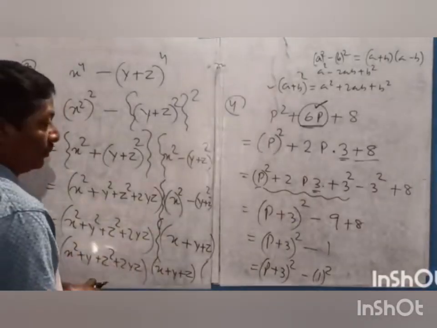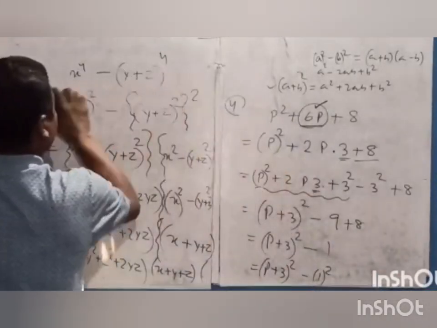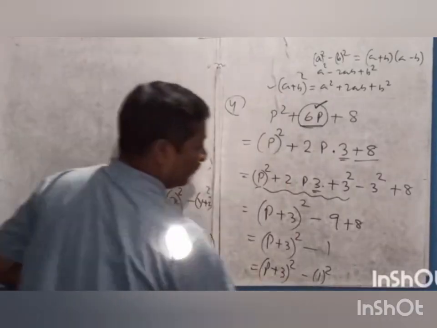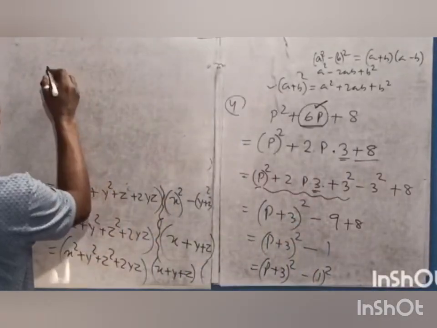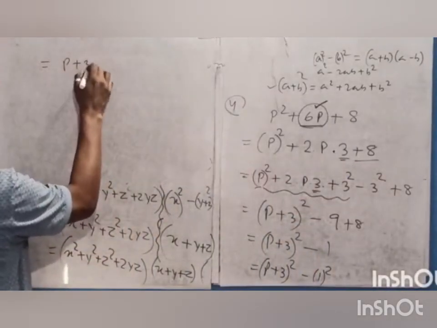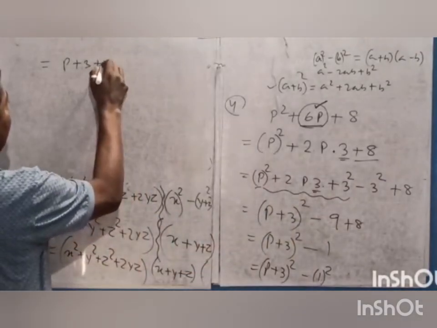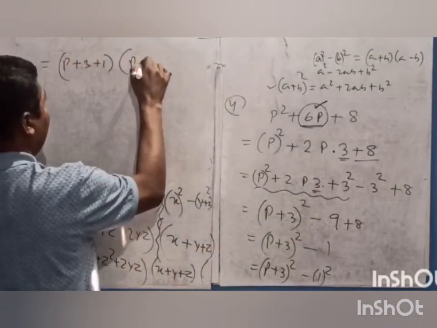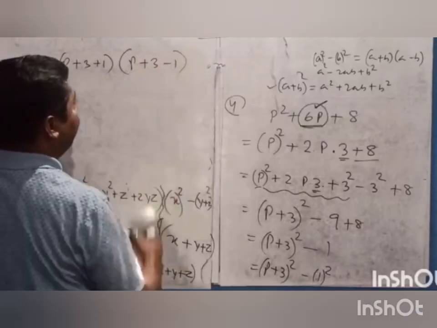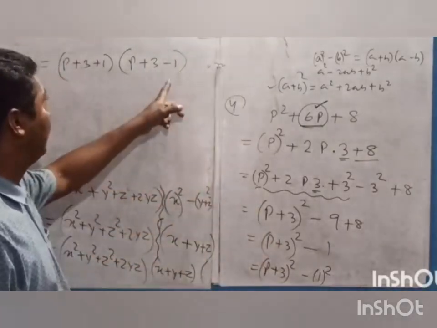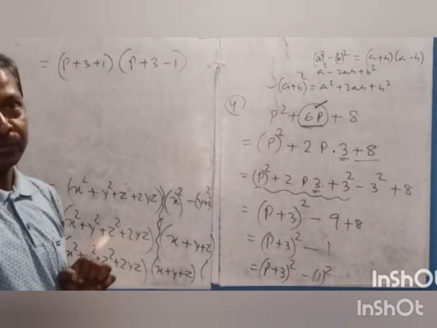Now, see, a is p plus 3 and b is 1. A plus b, a minus b. After the minus there is a single term, so there is no need of putting a bracket. So I can write minus 1 directly.